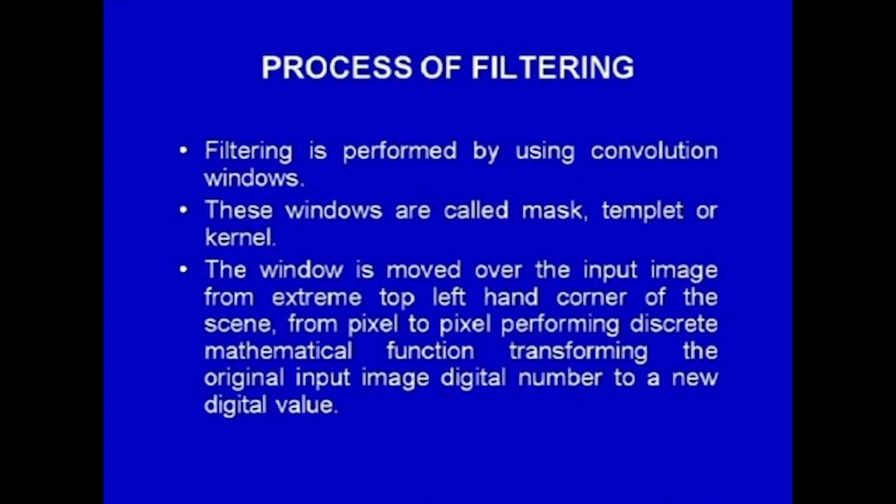Before we proceed ahead, first of all, let us look at the basic concept of filtering. Filtering is performed using convolution windows. These windows are called mask, template or kernel. The window is moved over the input image from the extreme top left corner of the scene from pixel to pixel, performing a discrete mathematical function transforming the original input image digital number to a new digital value.